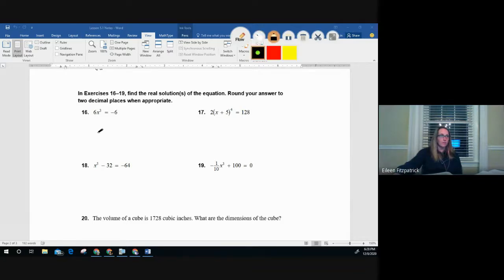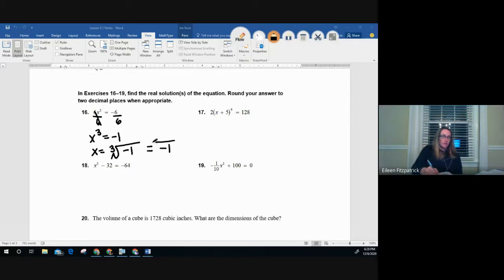So isolating the variable, divide both sides by 6, and I'm left with x to the third equals -1. To get x alone, I take the cube root of both sides. And the cube root of -1 is simply -1, because -1 times -1 times -1 is -1. All right, so x is equal to -1.